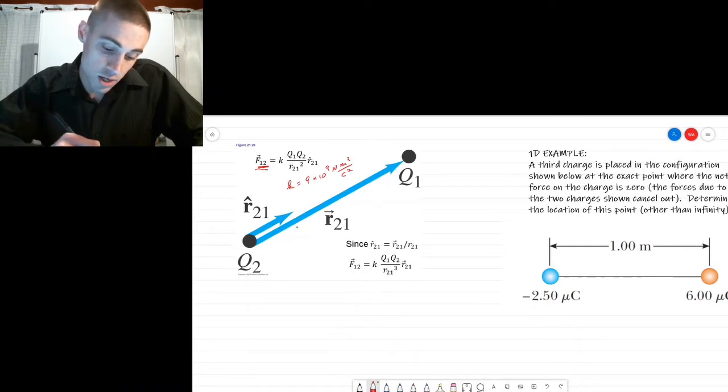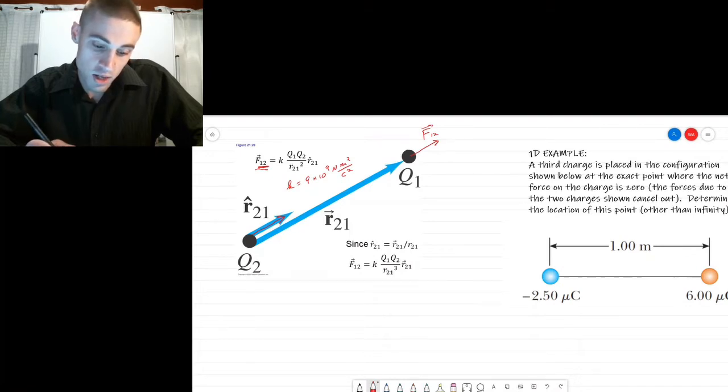So you can take this unit vector and pick it up and move it over here, and that tells you the direction of the force exerted by q2 on q1. So the force on q1 by q2 points off in this direction here.